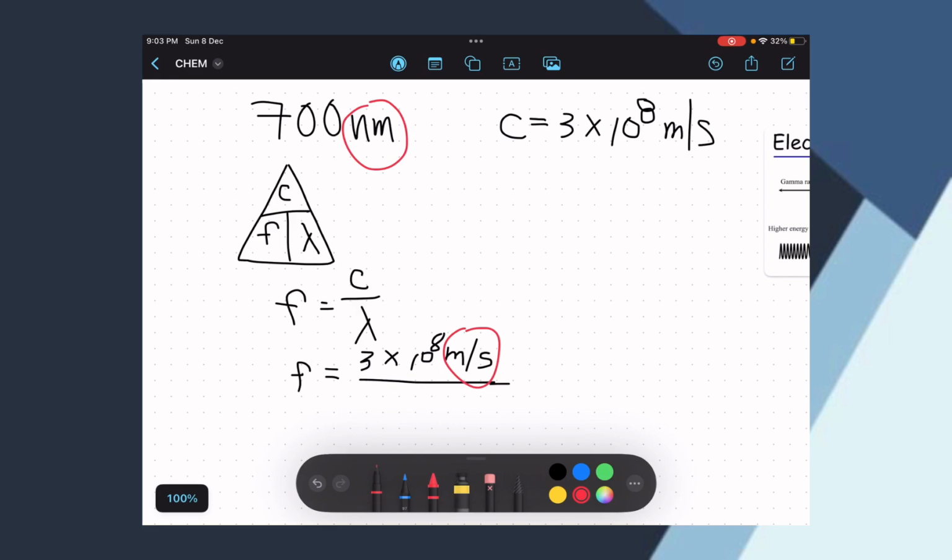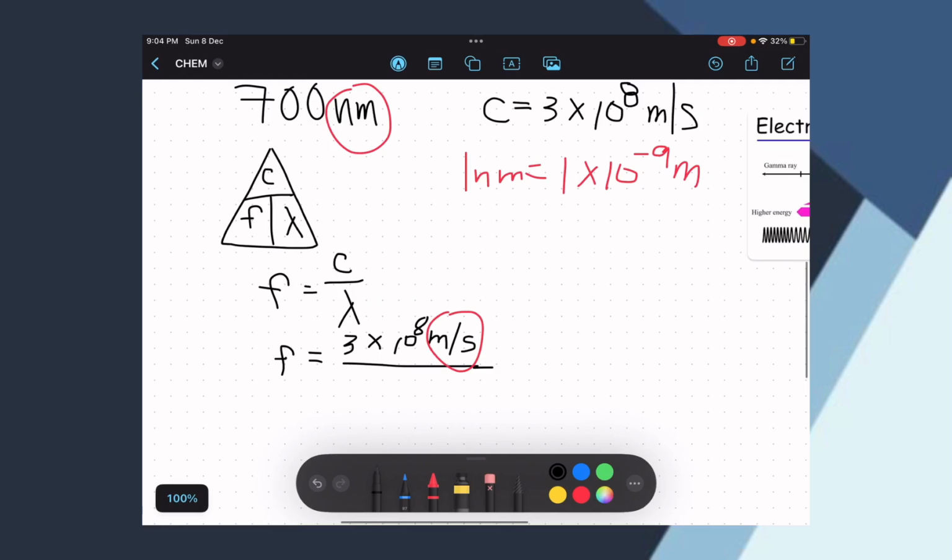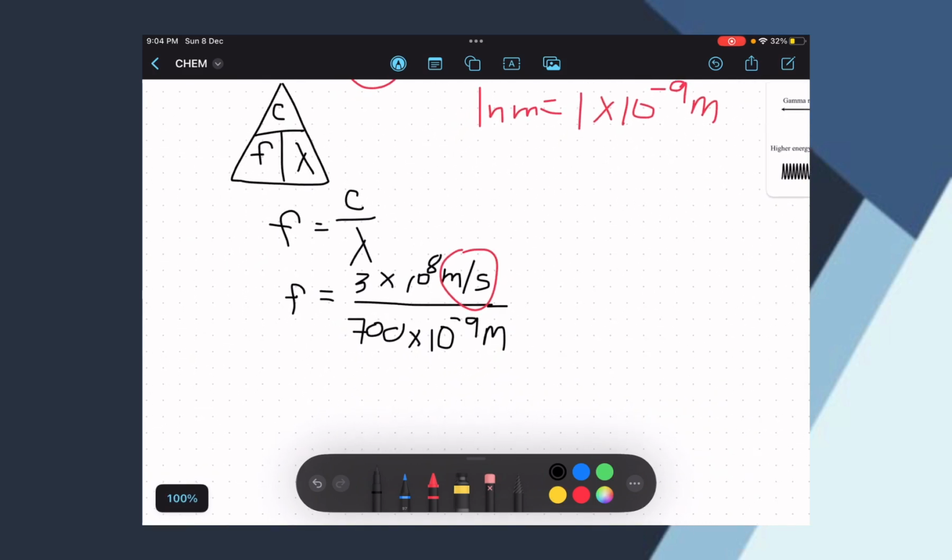So you can convert the 700 nanometers into meters, where 1 nanometer is equal to 1 times 10 to the power of negative 9 meters. So if we plug in the 700, that would be 700 times 10 to the power of negative 9 meters. And you can just compute it.